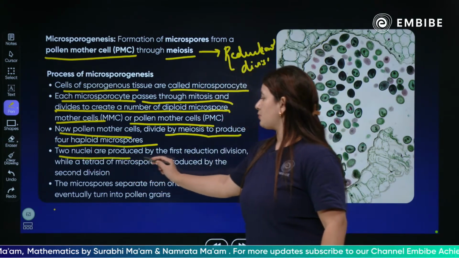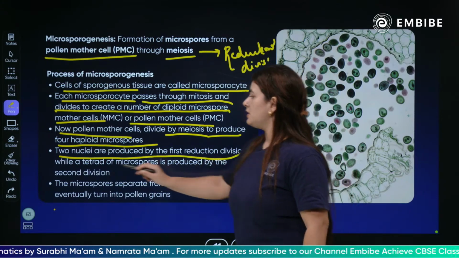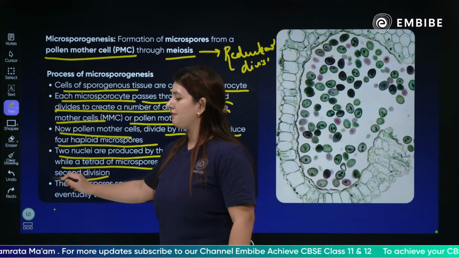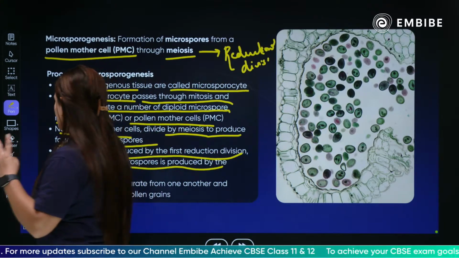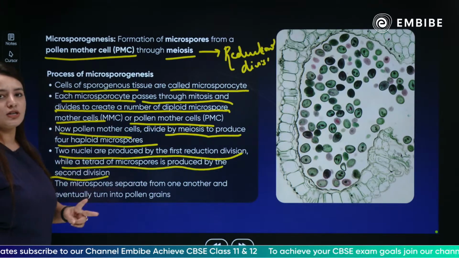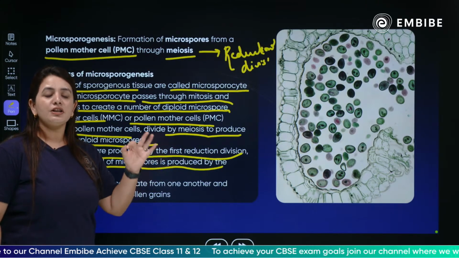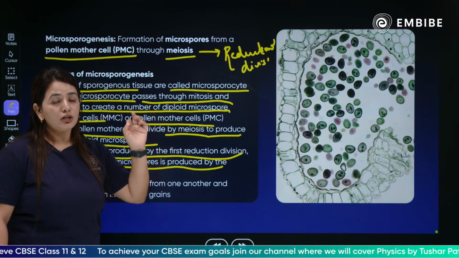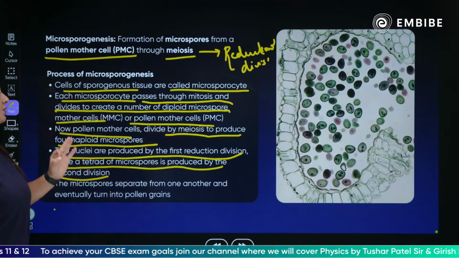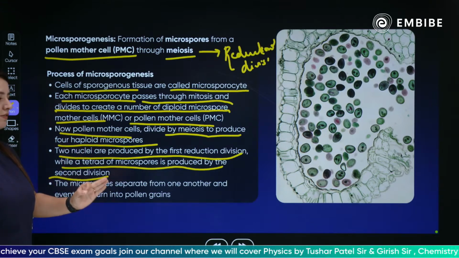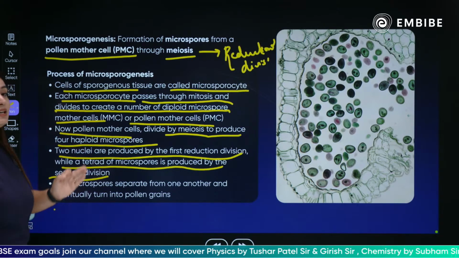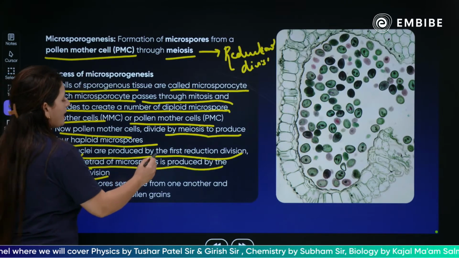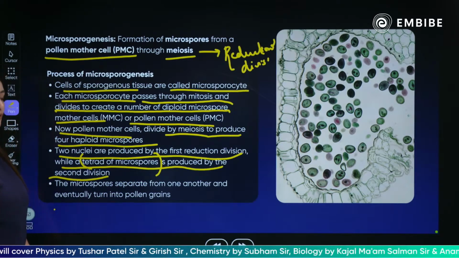Two nuclei are produced by the first reductional division, and a tetrad of microspores is produced by the second division. The first division creates a binucleated structure, and after the second division a tetrad of microspores is formed.